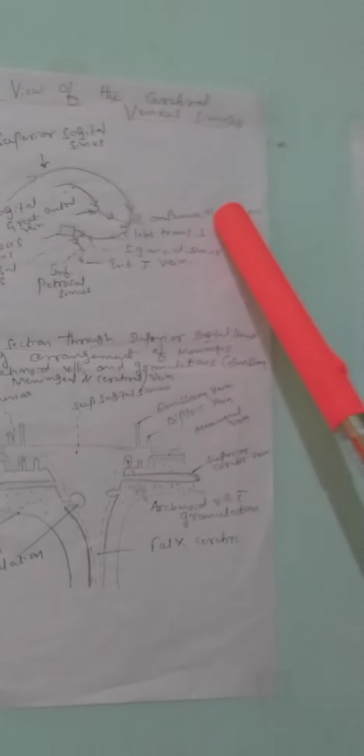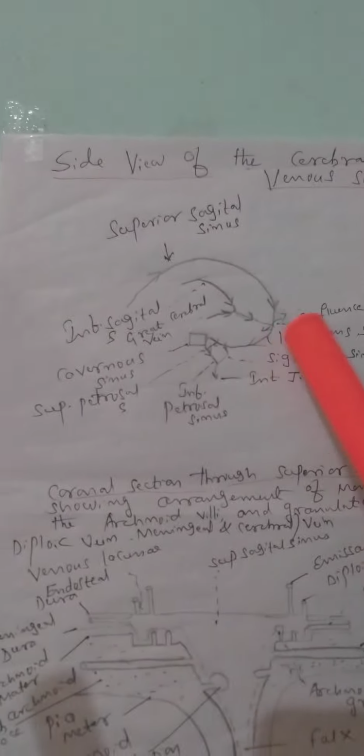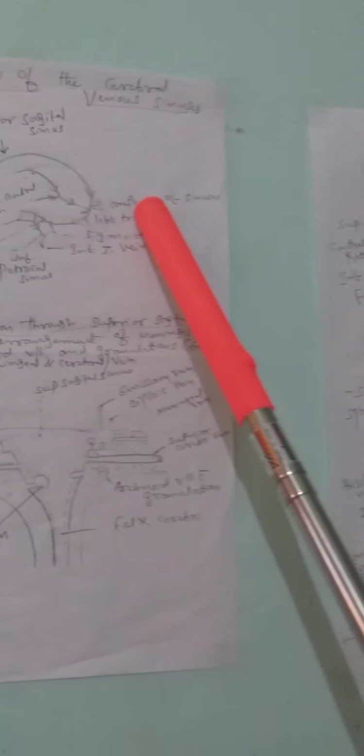Here it is joined by the inferior sagittal sinus and the left transverse sinus. There is a confluence of the sinuses, meaning a dilatation of the sinuses, at the internal occipital protuberance.